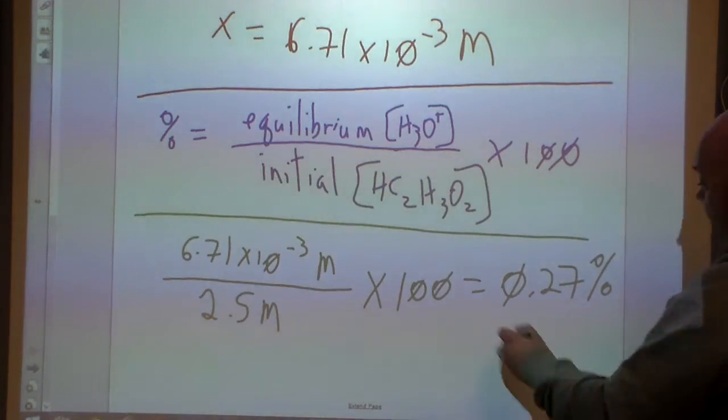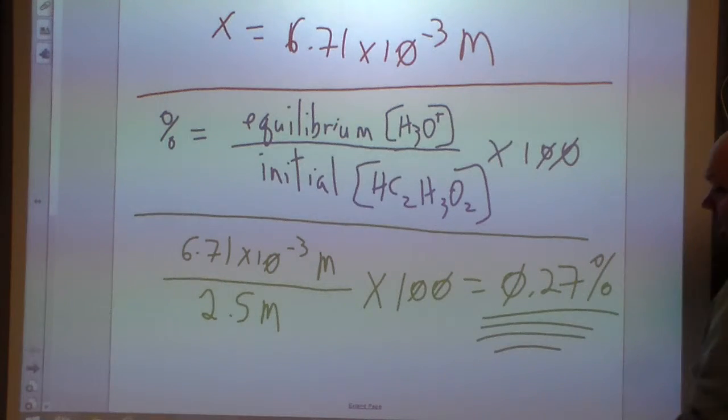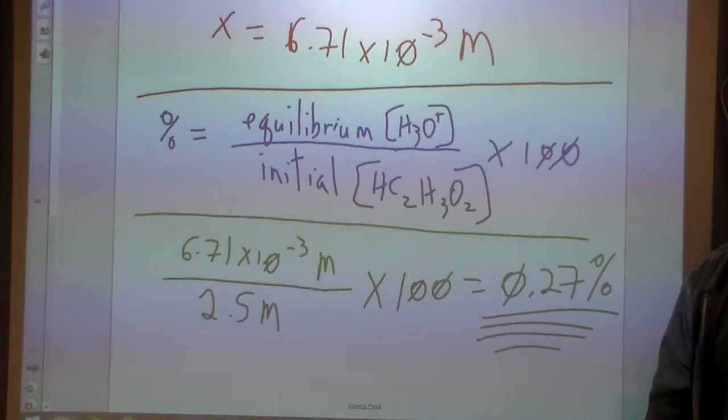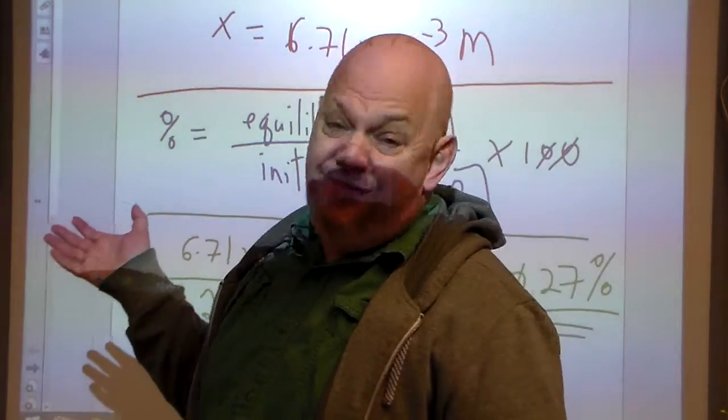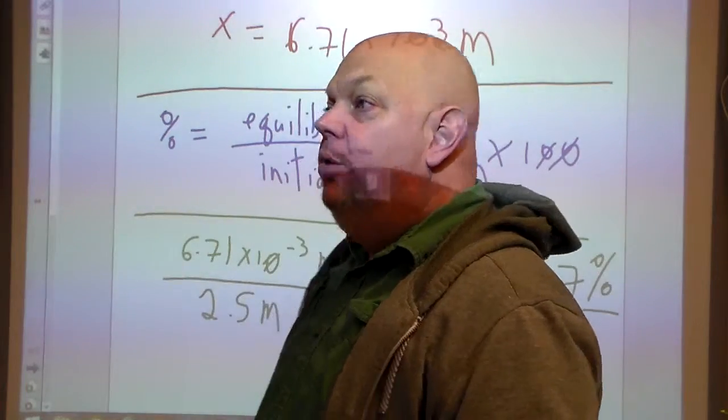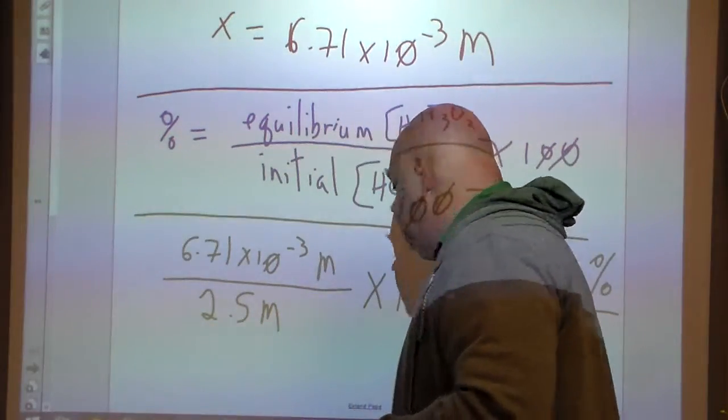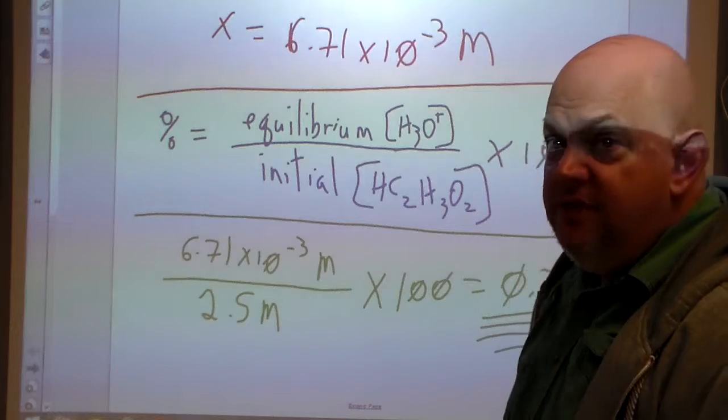That is our final answer. So our vinegar, our acetic acid, at 2.5 molar only dissociates 0.27%, which definitely falls into the less than 5% category. So yes, it is a weak acid.